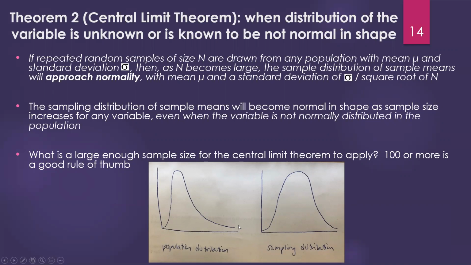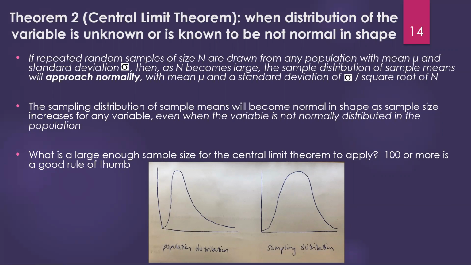In terms of how many samples need to be taken for the central limit theorem to apply, the general rule of thumb is around 100. So if we take 100 different samples of LaSalle students and how much they drink on average on a Thursday night, even if the population distribution is not normal, the sampling distribution will show up as normal.